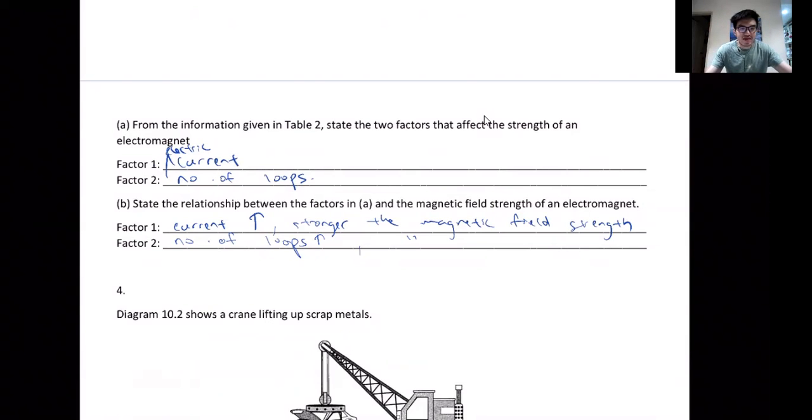Okay, common sense. When you are using your washing machine, okay, like I said, your washing machine is a motor, it uses an electromagnet. So how would you make your washing machine spin faster? You give it more electricity, you give it more number of turns.